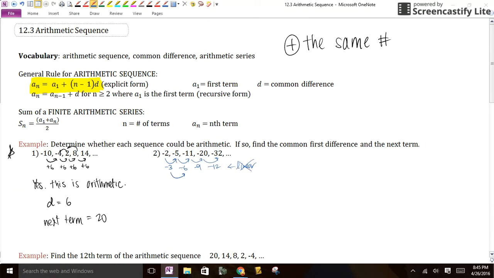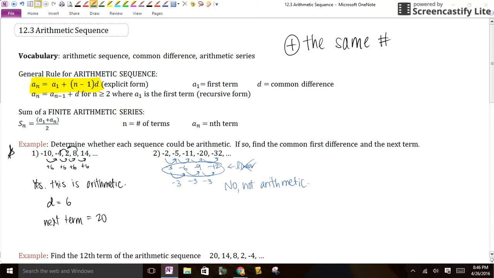And look at that: negative 3, and then negative 3, and then negative 3. Ooh, it's quadratic. But they just said determine if it's arithmetic. So no, it is not arithmetic, but if you want to get ahead of yourself, go ahead and say it's quadratic. I can't find a common difference. And that's how you tell if something has a common difference, or if it's arithmetic or not.